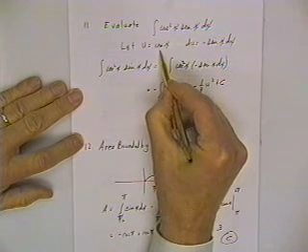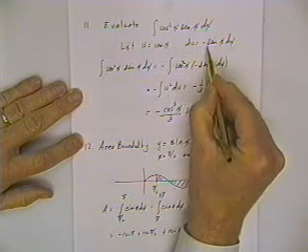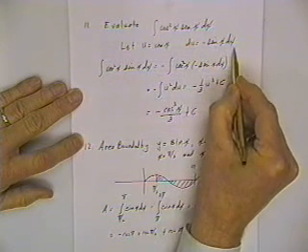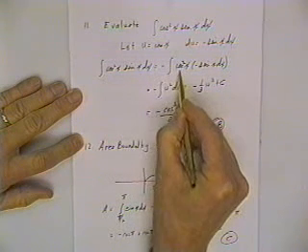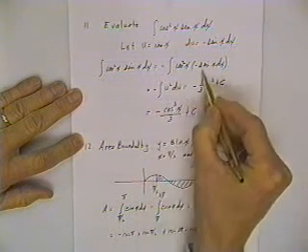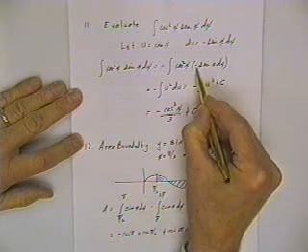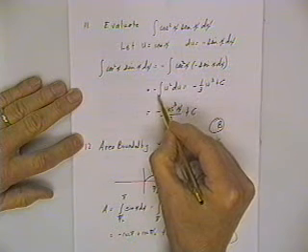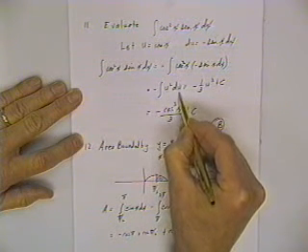Let u equal the cosine of x, then du, differentiating this, is minus sine x dx. So I look at my original integral, I put a minus sign in front of it, write the cosine squared, and put the sine of x dx in parentheses along with a minus sign, and I've got an integral of the form minus the integral of u squared du.